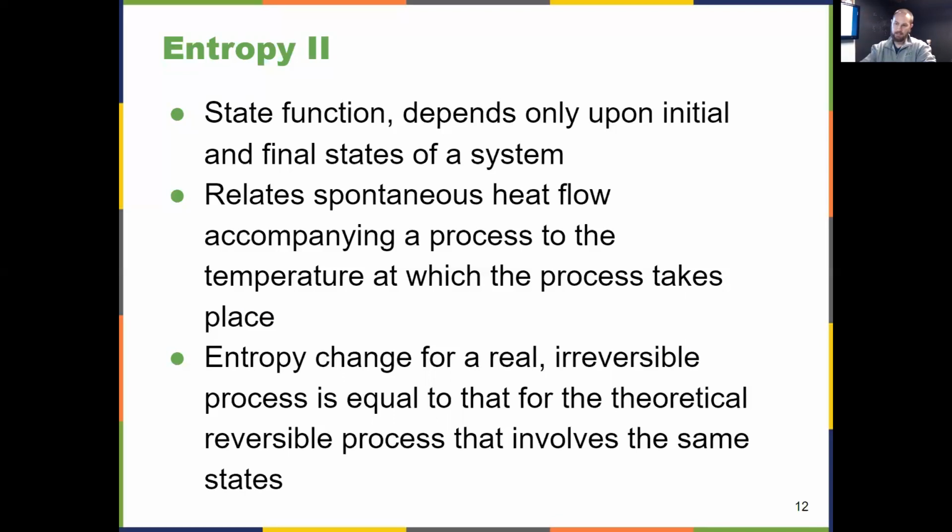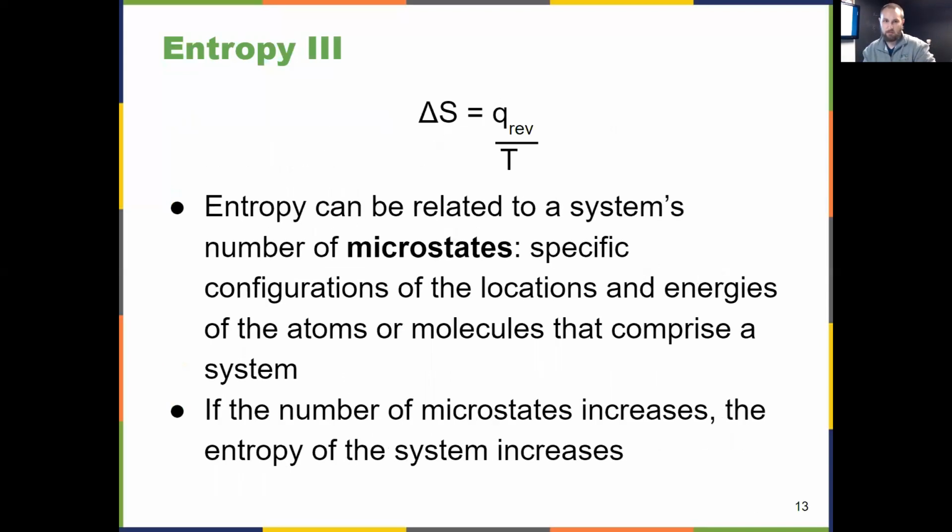If it was a whole bunch of tiny steps that were reversible, or one big jump, now we've tied together those two different worlds. So how does that look in a formula? Delta S, the change in entropy, is equal to Q sub rev, that's the heat of the reversible process, over the temperature at which it takes place. So S is entropy, Q is heat of the reversible process in joules, T is temperature in Kelvin.